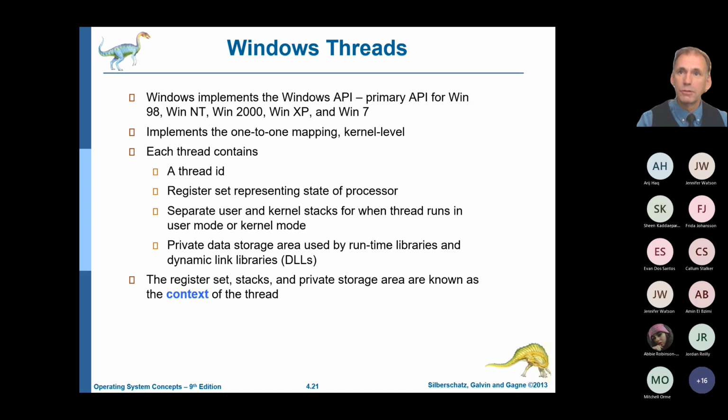Before we had a process ID, now we've got a thread ID. Before we had a set of process data, now we have a register set for the swapping out of the threads in the same way as we would swap out processes, depending on how many threads we can run at a time. There's different stacks, so different data storages for each of the threads, all that kind of stuff.